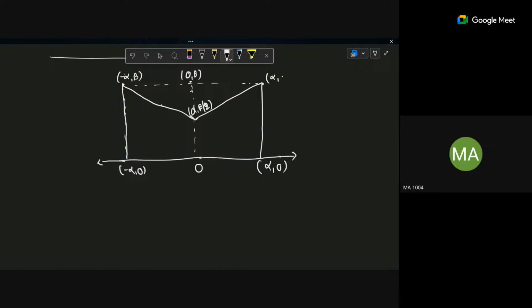Alpha comma beta. So you know the equation of this vertical line: x is equal to minus alpha. And for the other, x is equal to alpha. Now, do you know the equation for this line? Yes, you can know.